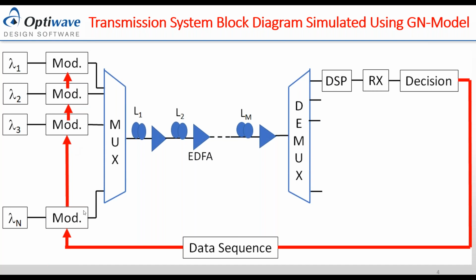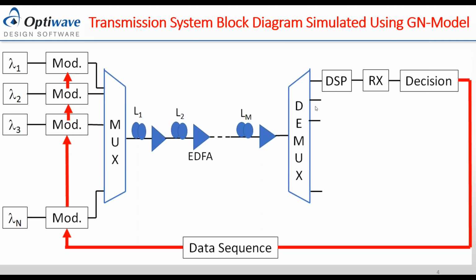The same applies to MPSK, where you can control the number of bits per symbol. These WDM channels after modulation are multiplexed and transmitted over a multispan fiber, where each span has a length of L, then is amplified by an EDFA.